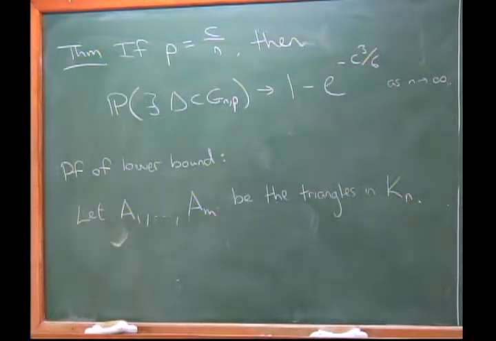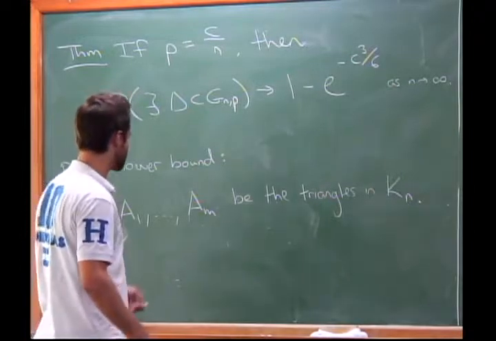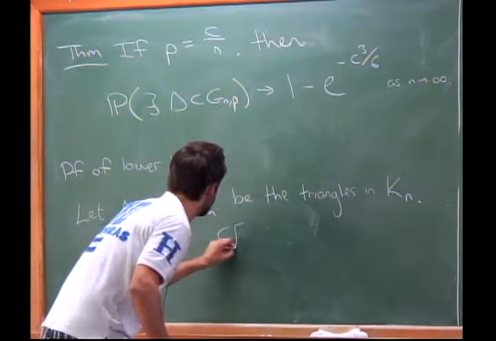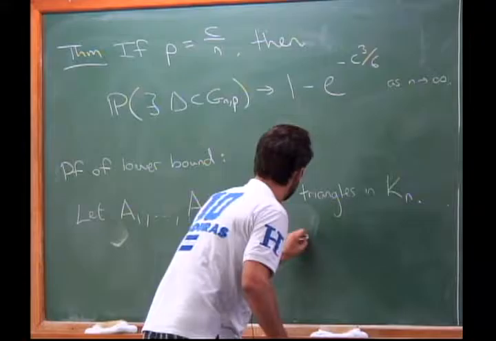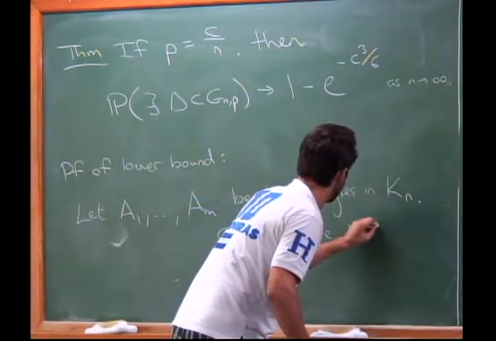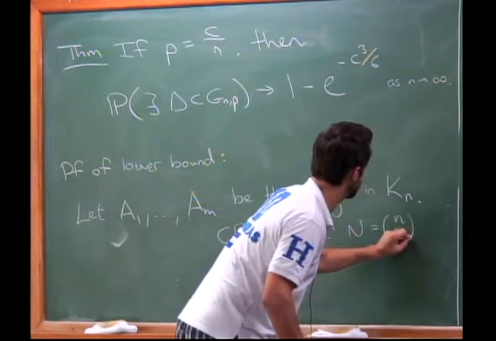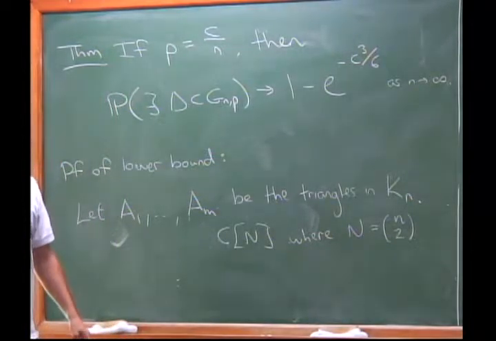What I mean is the triples of edges which form triangles. So these are subsets of [N], where N equals little n choose 2. Okay?